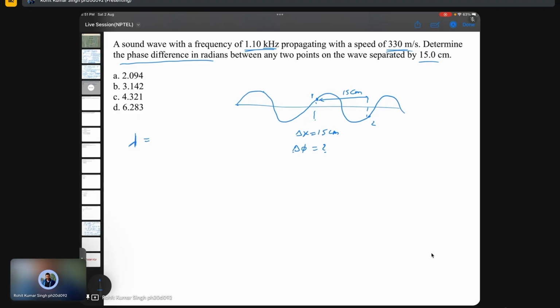The wavelength is nothing but 330 divided by 1.10 kilohertz. You multiply it by 1000, and what you will get is 330 divided by 11, which is 30 meter. Sorry, is that correct, or have I done something wrong?